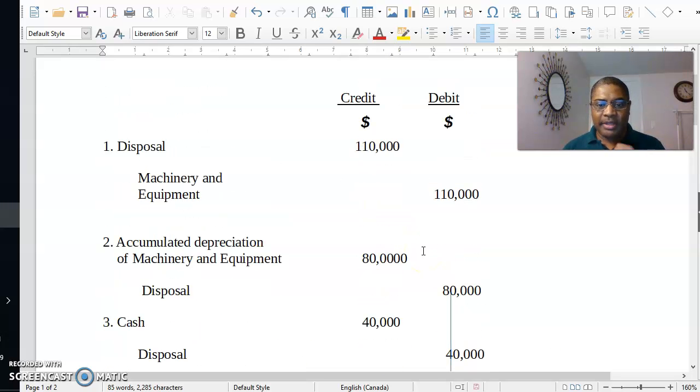Some students might ask the question, why is it that we could not post the 110,000 in the income statement? Why does the income statement not include the 110,000?